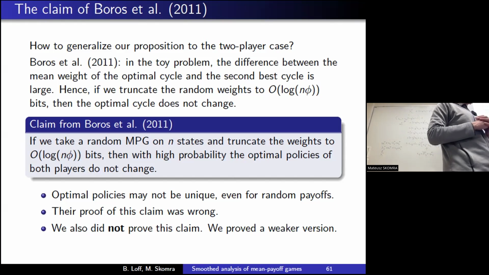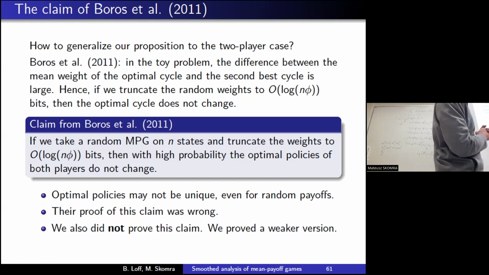This is very similar to the previous case, where the optimal cycle is far away from the second cycle, so if you approximate the weights, the optimal cycle stays the same because the gap is large. So they argue this should be true in the two-player case: you cut a little bit of the random weights and the optimal policies do not change.